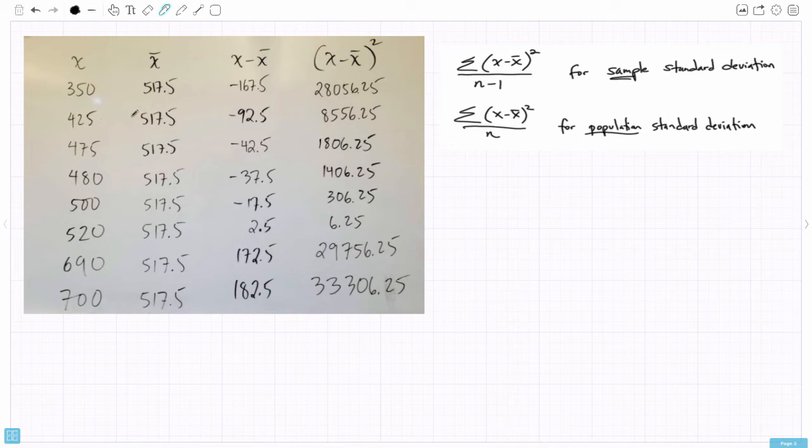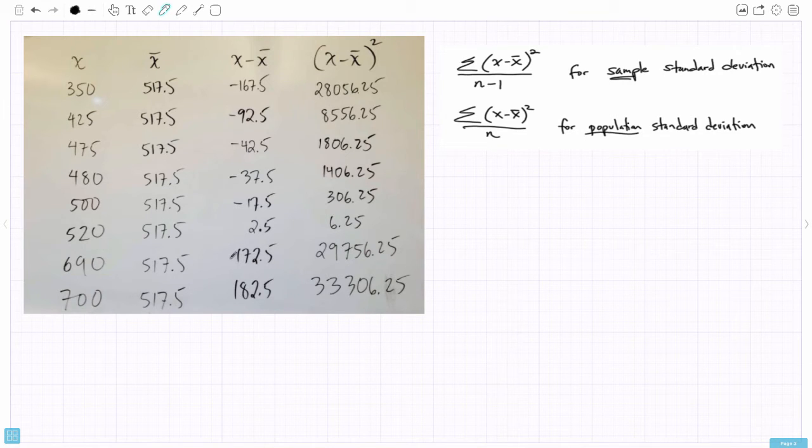Similarly, 425 minus 517.5, that's negative 92.5, and etc. on through the data. And what I'm doing here is calculating basically how far each data value is from the average, where negatives indicate a data value less than the average, and positives like these indicate data values above the average.